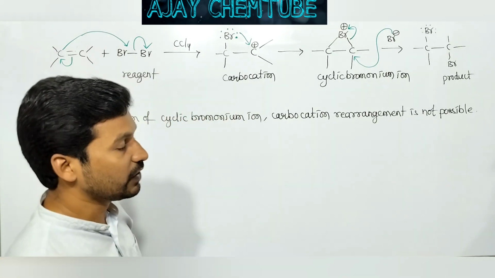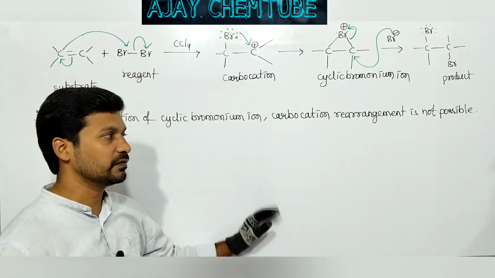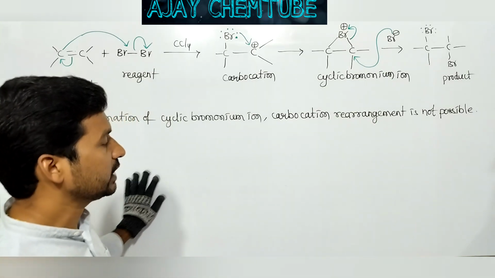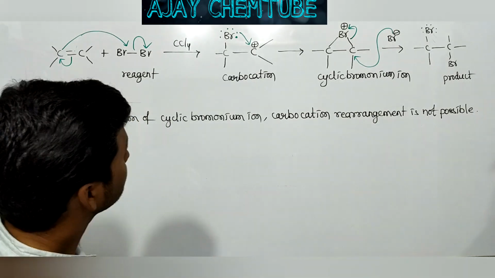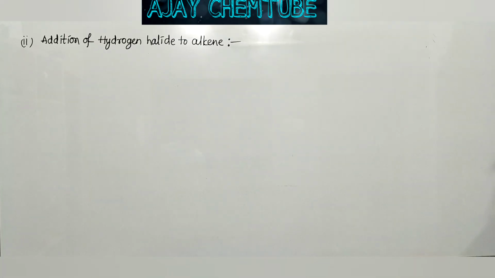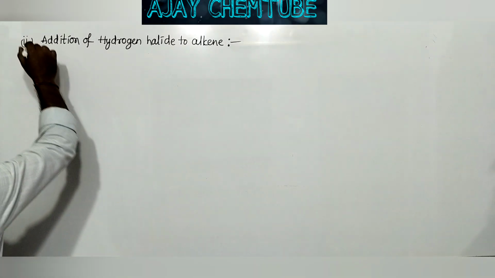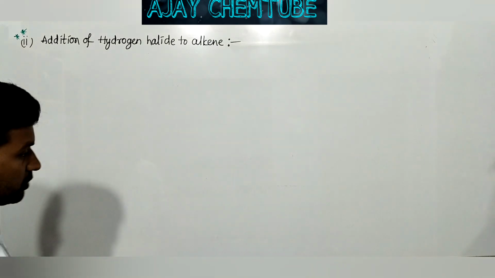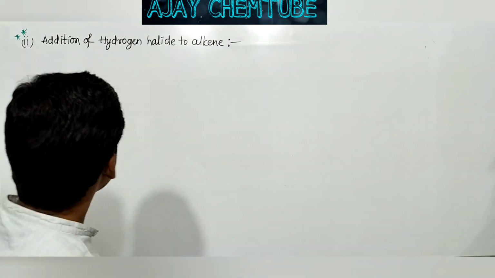Next, addition of hydrogen halide to alkene. That is very important, where the Markovnikov rule is involved. Addition of hydrogen halide to alkene is very, very important.